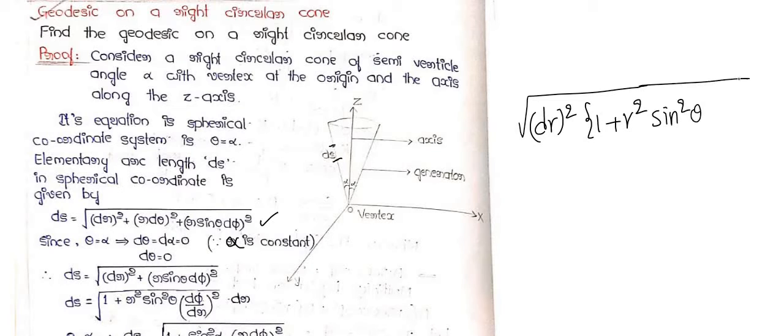So here we take dr square as common, then we get root of dr whole square into 1 plus r square sin square theta into d phi by dr whole square. Here we don't have a dr term separately, that's why d phi by dr whole square. Taking this dr square term outside the root, we get this step.